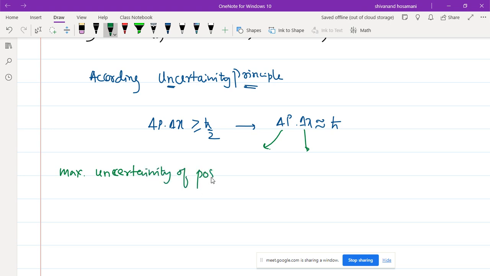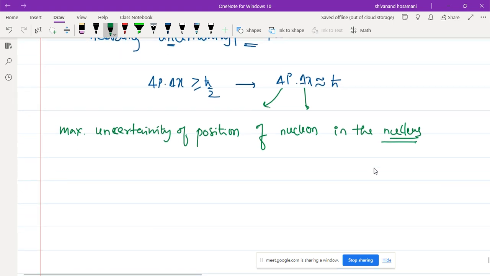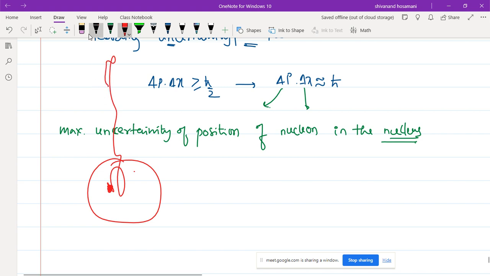If you treat this one as a nucleus, this is a nucleon. So what is the availability of the nucleon within the nucleus? The position availability. What is the position availability of a nucleon within the nucleus?